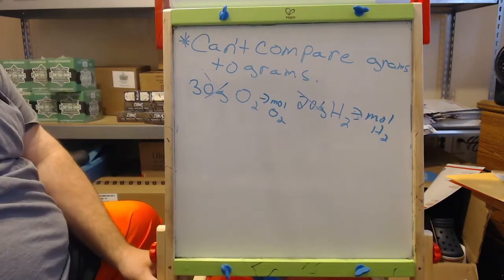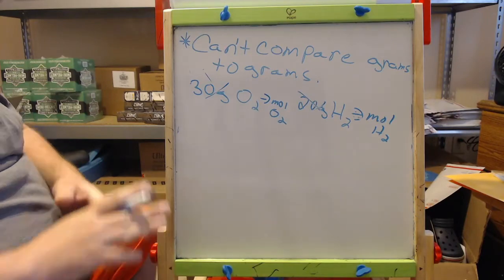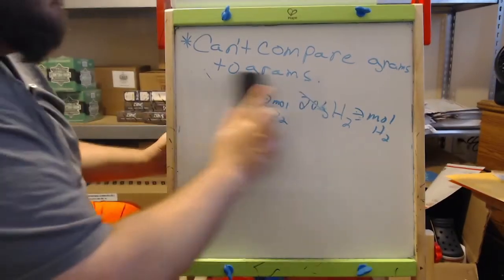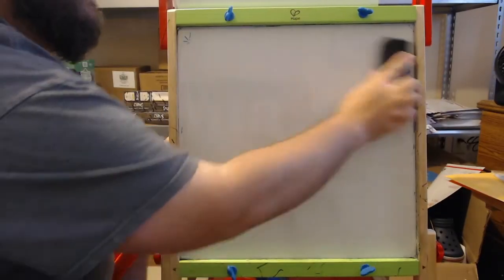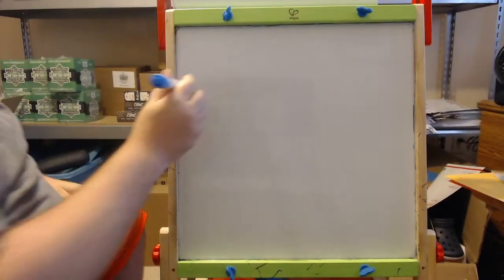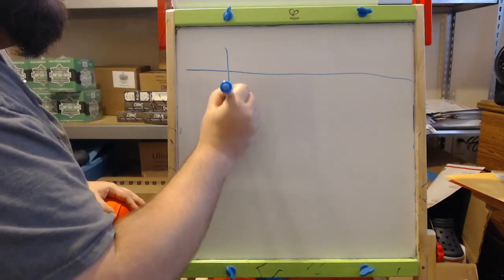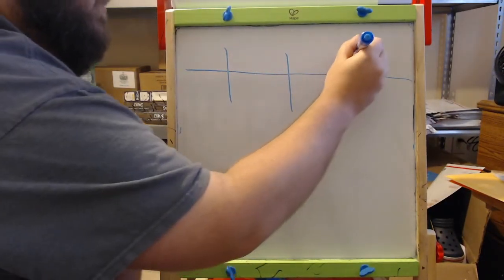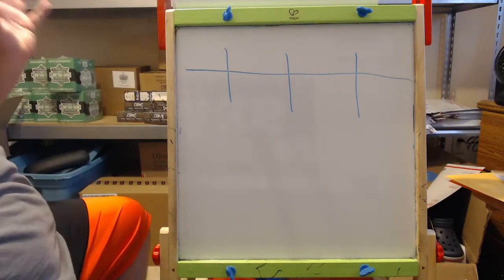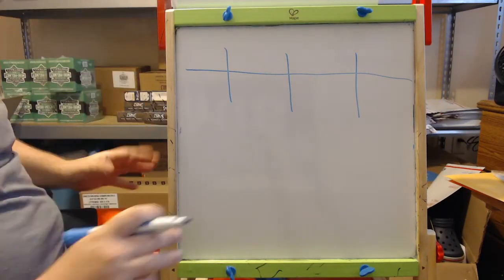So here's what we're going to do. I'm going to write it up here so we can keep it for the rest of the lecture. We're going to draw our factor label method boxes, but we're going to use this specifically for moles, and here is your map, Dora and Diego.